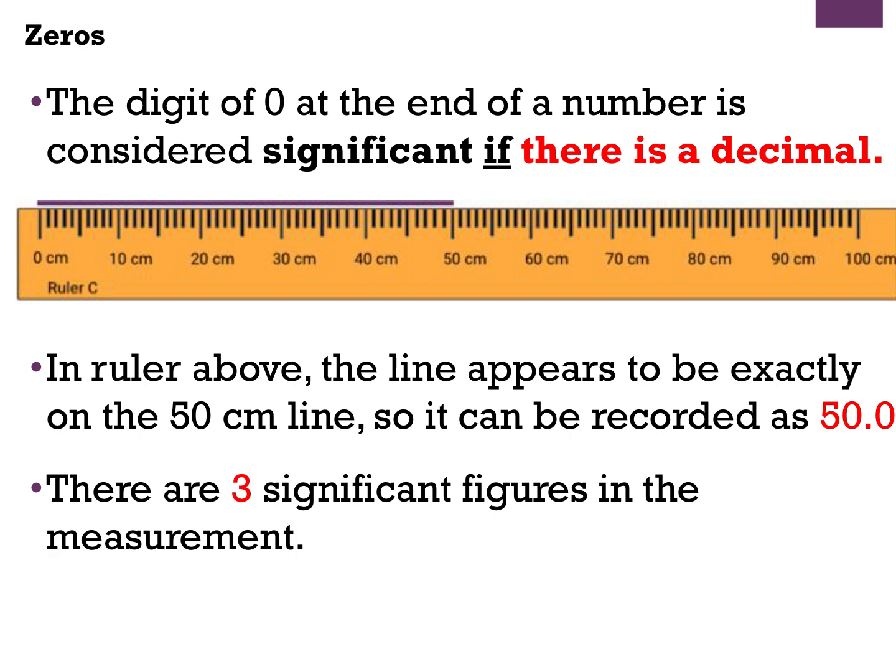In this line, we think it's exactly 50, so it's 50.0. The 0 at the end of the number is significant if there's a decimal. So if we write it as 50.0, there's a decimal there, so yes, they're both significant. All 3 of these digits are significant, so there's 3 sig figs in that measurement.